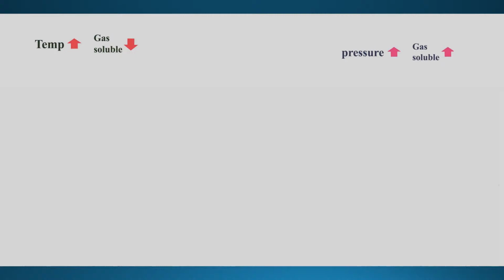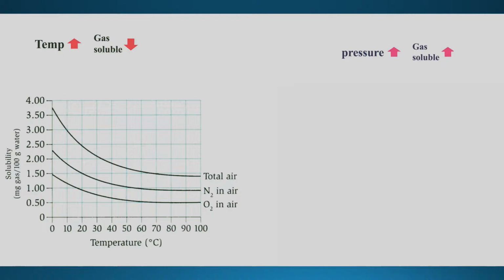Now let's look onto the temperature once again. On this graph, the x-axis shows the temperature from 0 degrees to 10 degrees, 20, 30, and up to 100 degrees. You find that the lower the temperature, the more gas is able to dissolve.